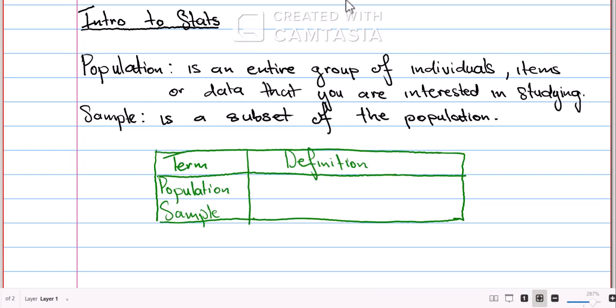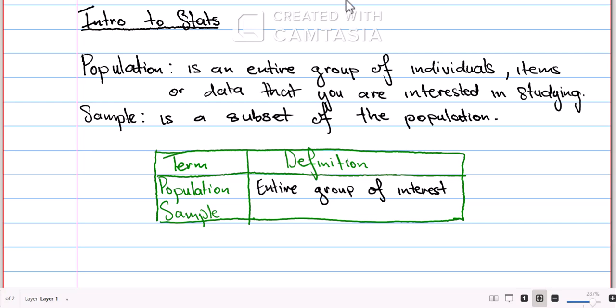So in short, we can define these terms as follows. The population is the entire group of interest. Okay, so this is how we can define the population in short.